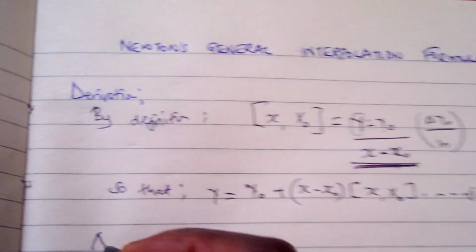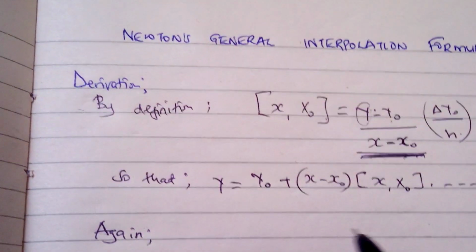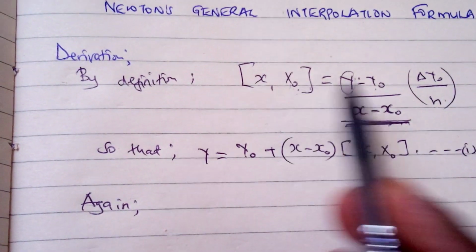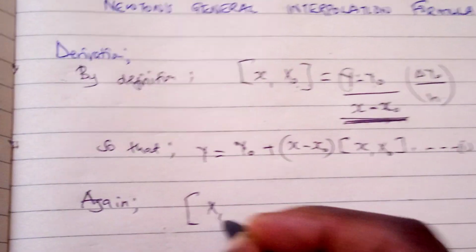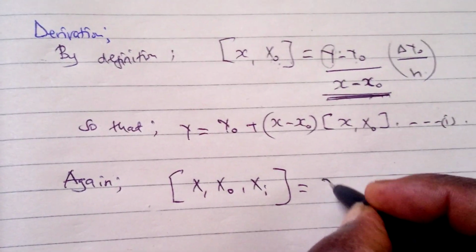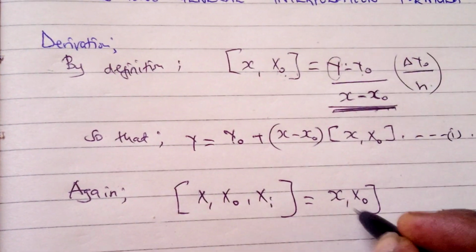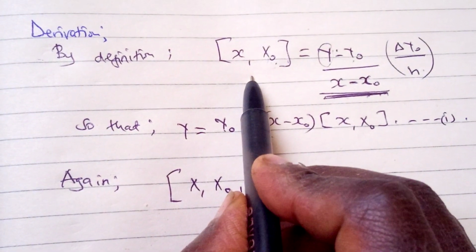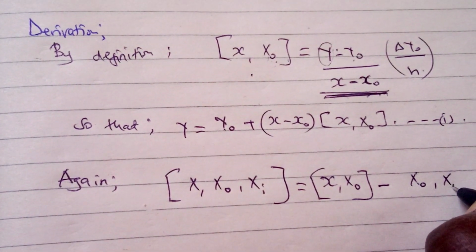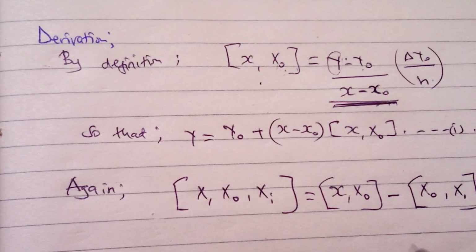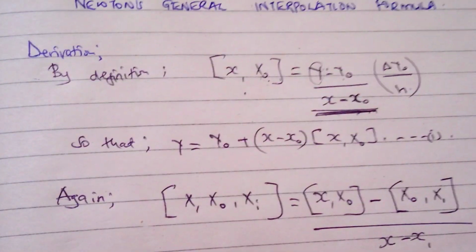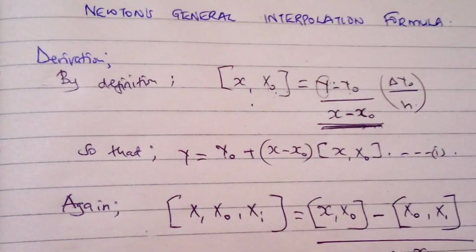Then again, we are going to add another x in this first x's. So we have x naught and x1 is equal to x naught, this one, minus x naught x, then divided by the change in x minus x1, x minus x1.